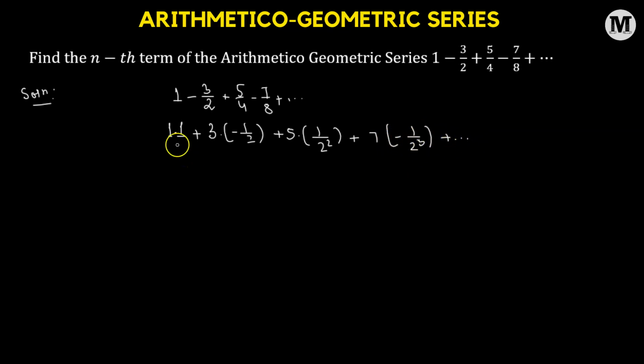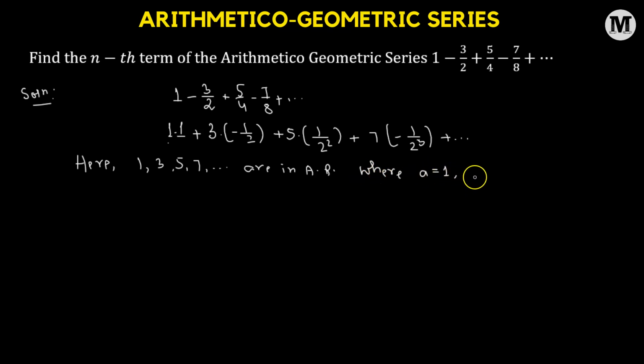Now here, if we consider 1, 3, 5, and 7, then this particular sequence is going to be in arithmetic progression. So let's verify that. Here, 1, 3, 5, 7, and so on are in arithmetic progression because the first term a is equal to 1.